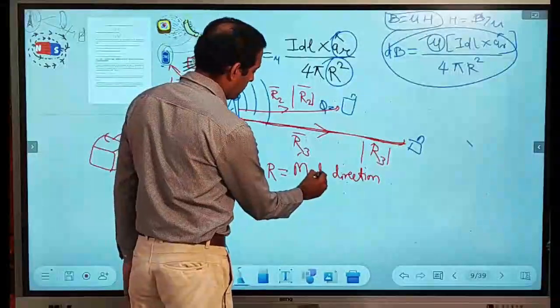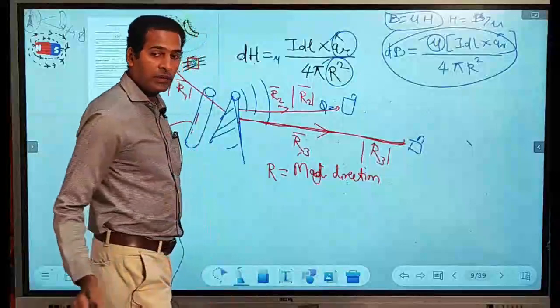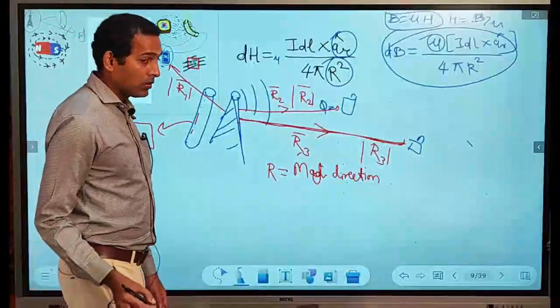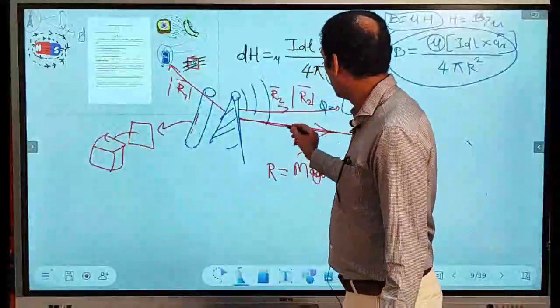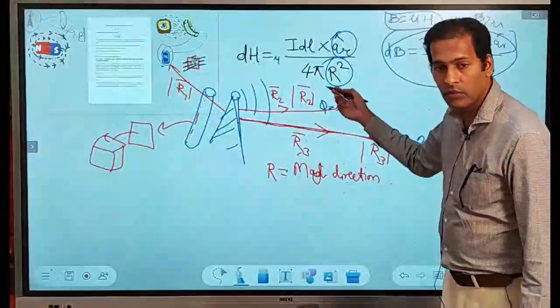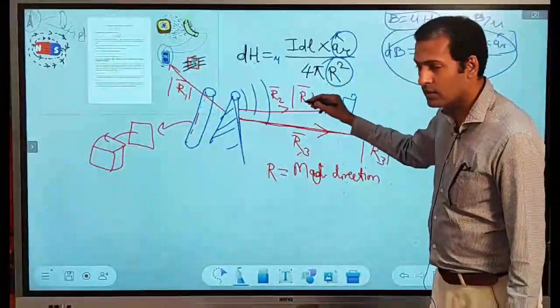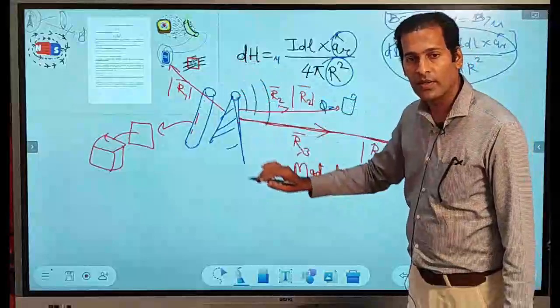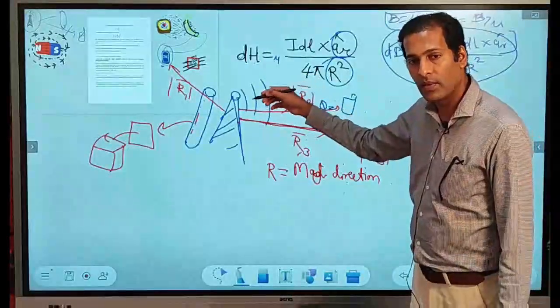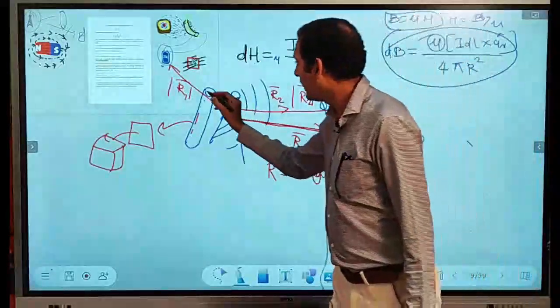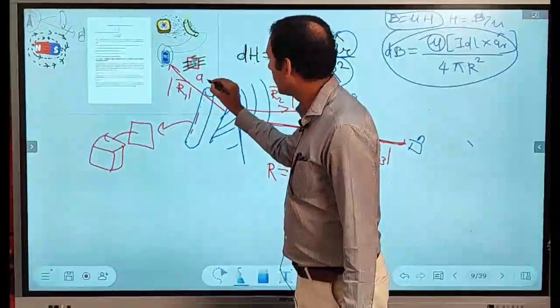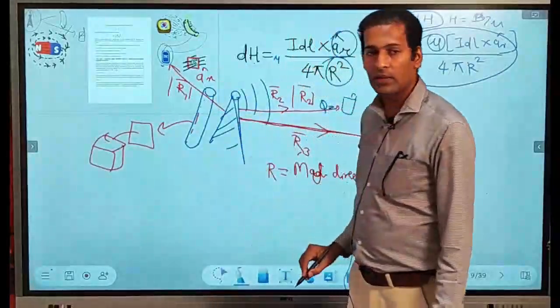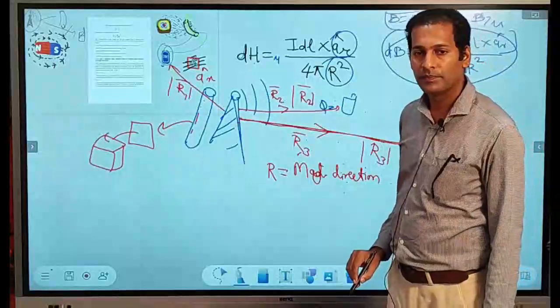So magnitude and direction. What is the direction here? This is going in some direction, x, y or z. It may be ax cap, ay cap or az cap, or simply ax, ay or az. If it is going in the x direction, I will say the direction is ax cap.